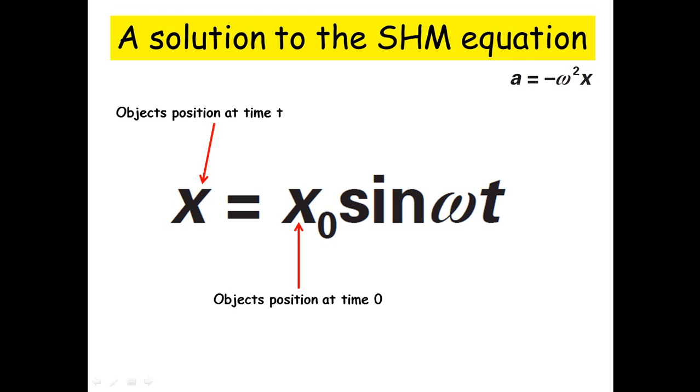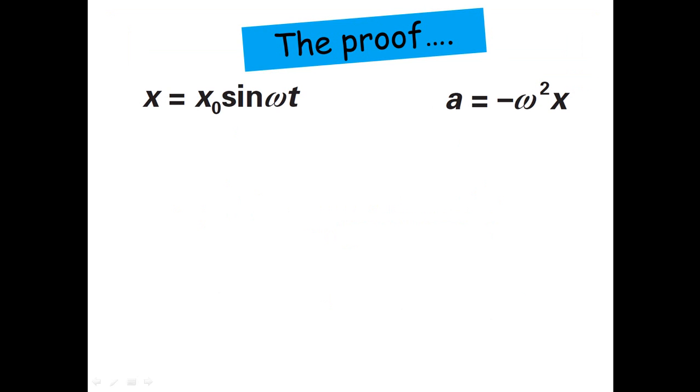We've got sine, so you should be familiar with the sine function. And then we've got angular frequency, and we've got time in seconds. So the proof that x equals x0 sine omega t is a solution to the equation a equals minus omega squared x: firstly we need to think about what acceleration is.